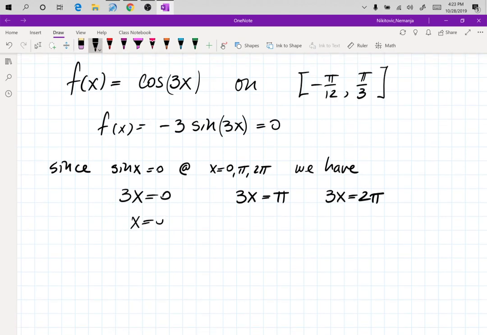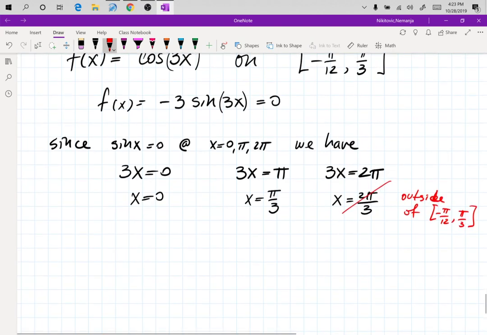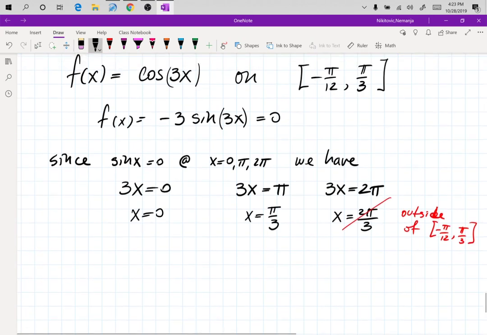Now this one is x equals 0. This one is x equals pi over 3. And this one is x equals 2 pi over 3. Now, I'm going to kill this one because it's outside of negative pi over 12 to pi over 3. So that one is kicked out. So I only have these two, x equals 0 and x equals pi over 3. Now, as you can see, pi over 3 and pi over 3 collide as the same point.